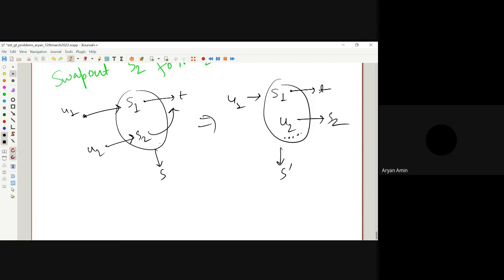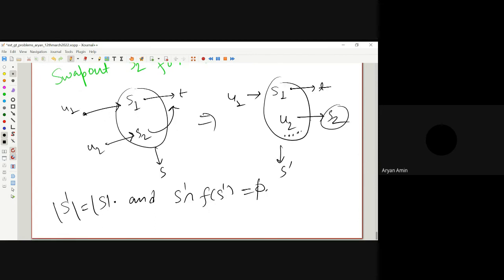So what this does is S dash has the same cardinality as S, and S dash intersect Fs dash is still phi, right? Because now S2 is out of the new set. But what's new? F of S dash has cardinality more than F of S. So this is again a contradiction. You get what I mean?